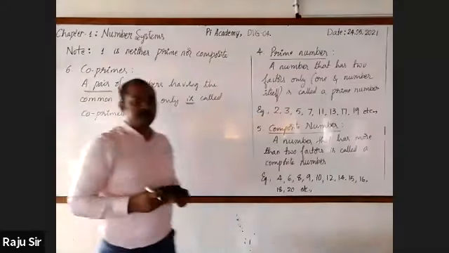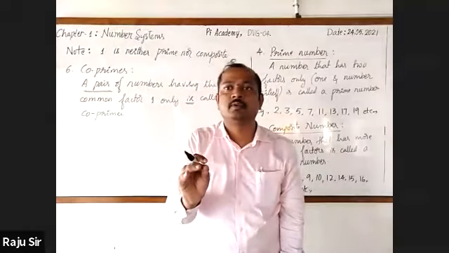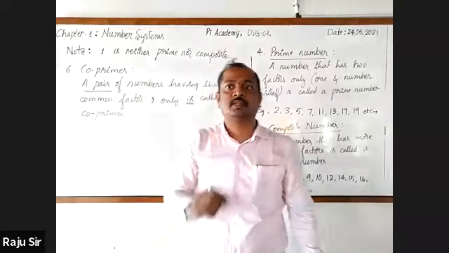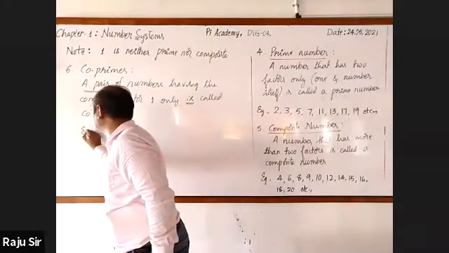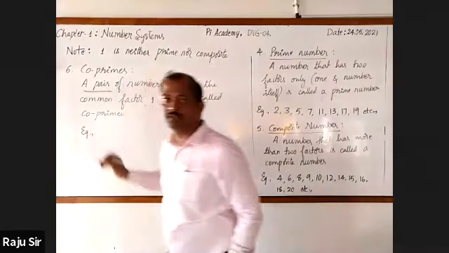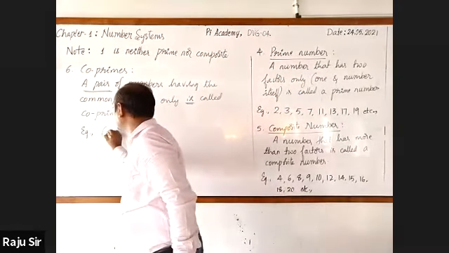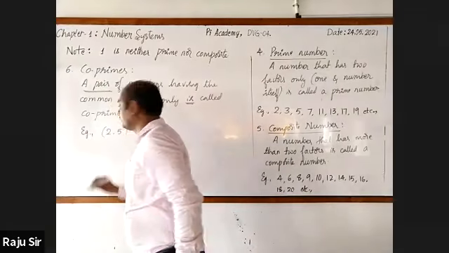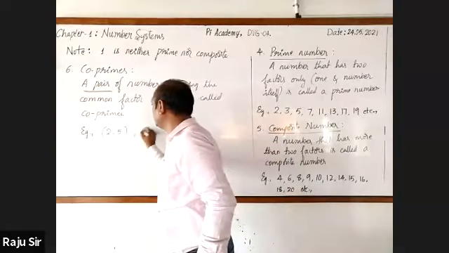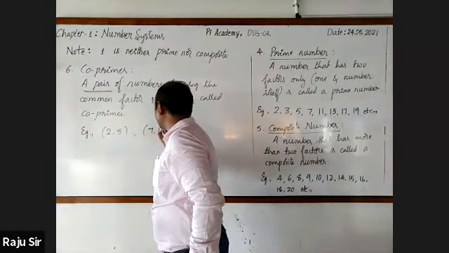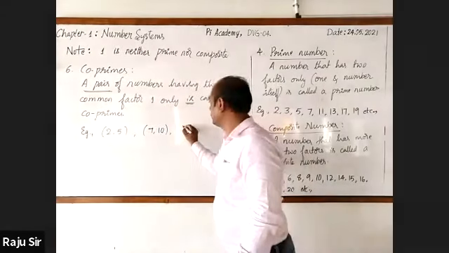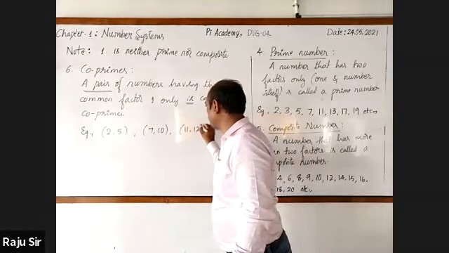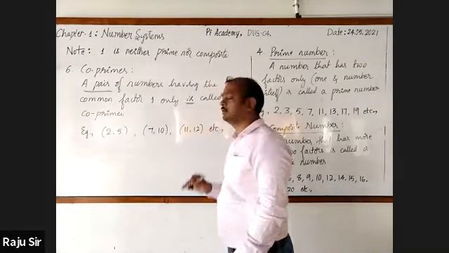Co-primes will always be taken together. Hence, we can give examples like, write with me: 2 and 5, 7 and 10, 11 and 12, all these are co-primes.